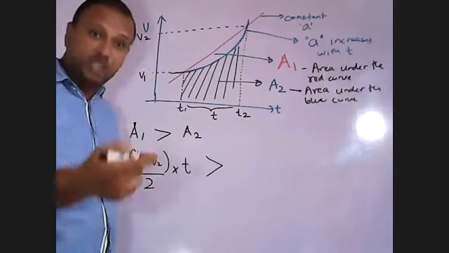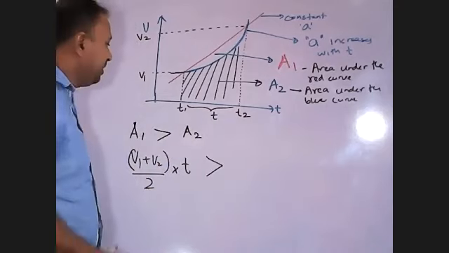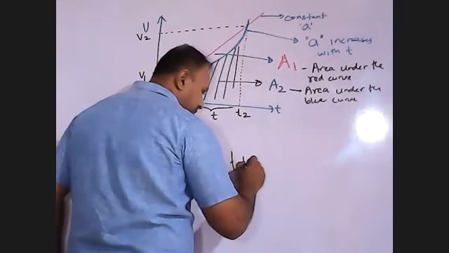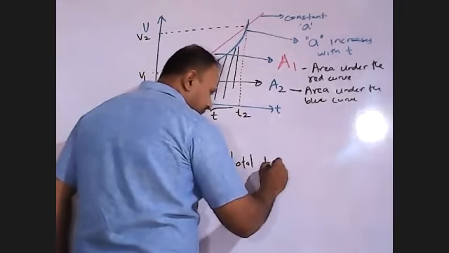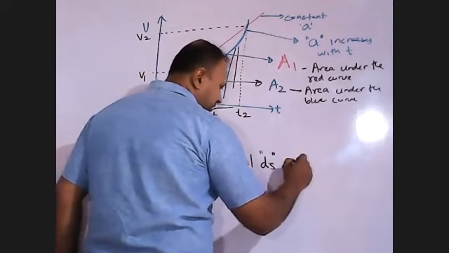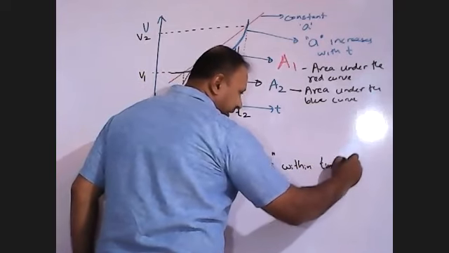A2 means the total displacement within time T.